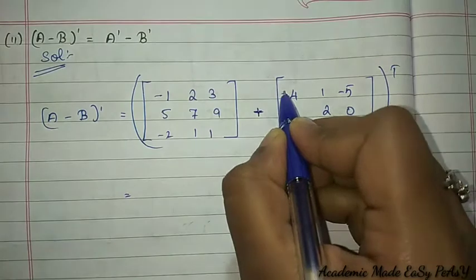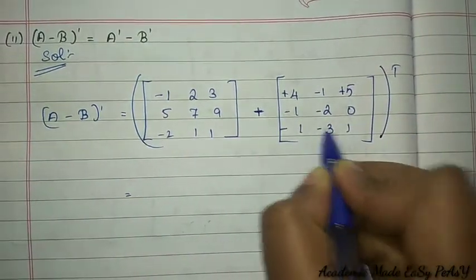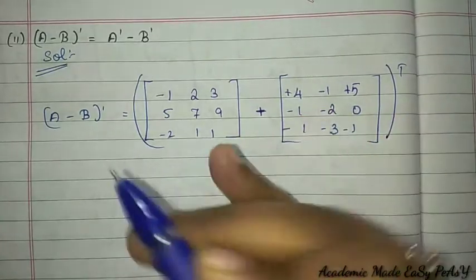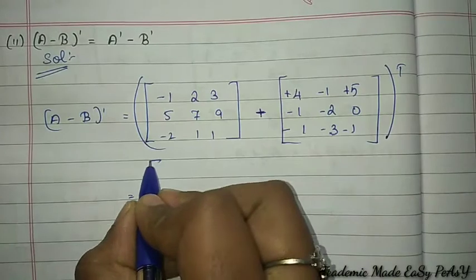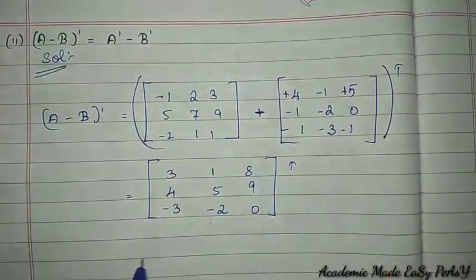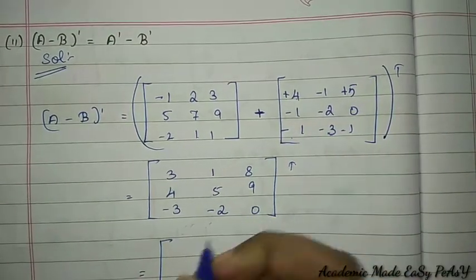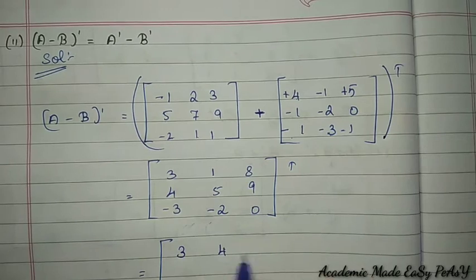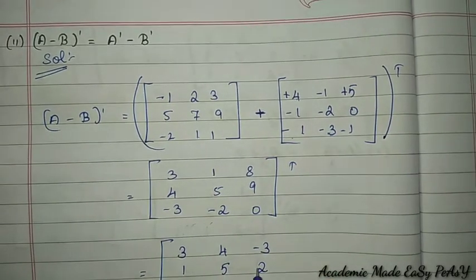So plus, minus, minus, minus. So my positive will become negative, negative will become positive. Here I have to take the transpose. So my columns will become rows. First column, first row. Second column, second row. Third column, third row.